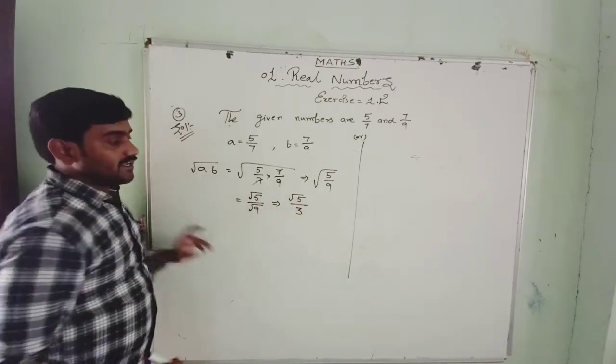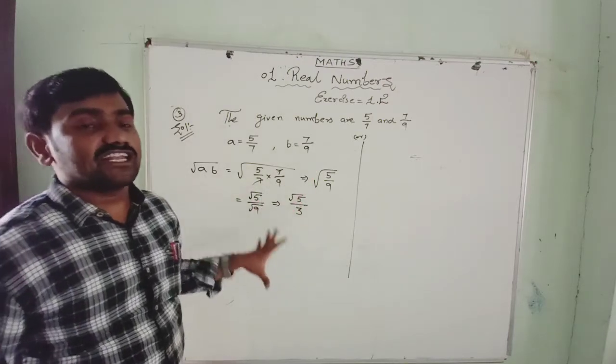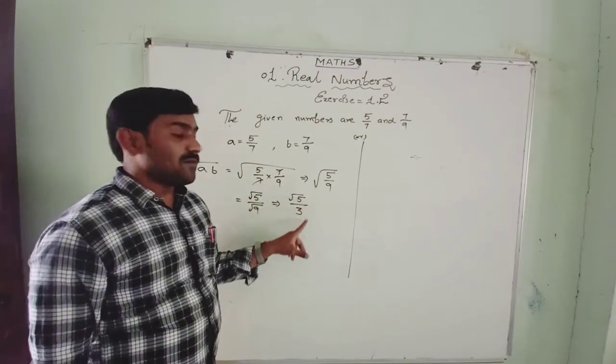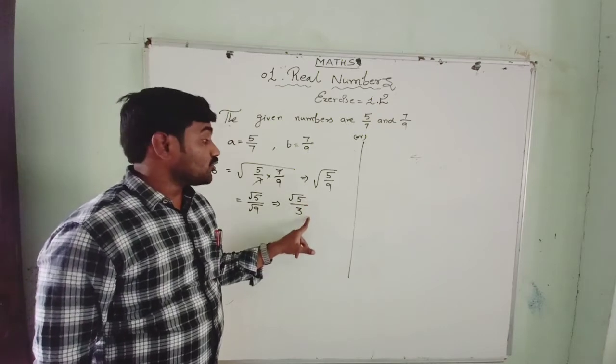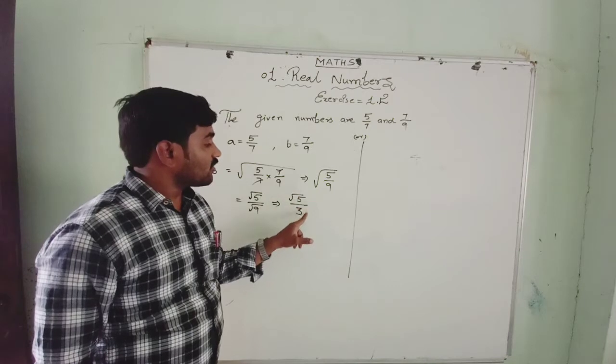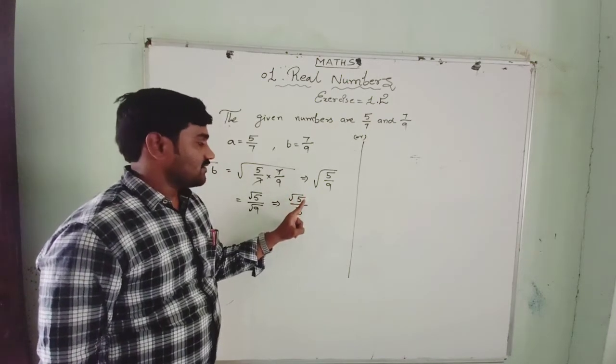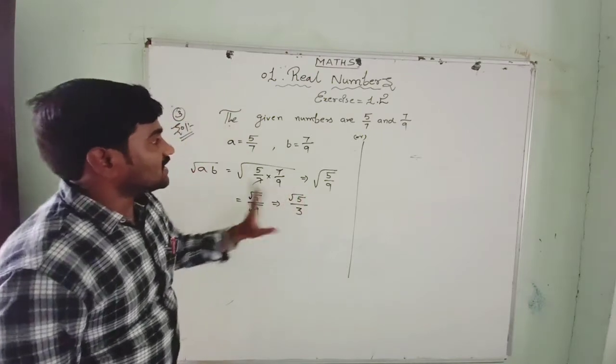Root 5 by 3, is it a rational number or irrational number? Definitely it is an irrational number because it is in the form of P by Q, but P, Q should be integers, but root 5 is not an integer, it is an irrational number, so it can be considered an irrational number.